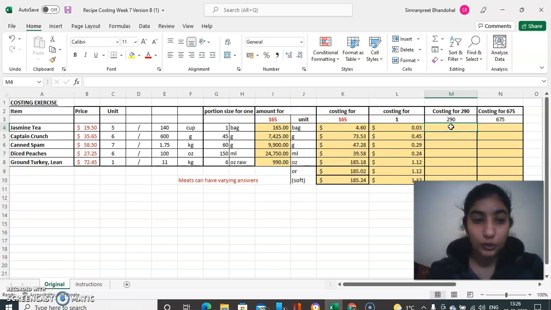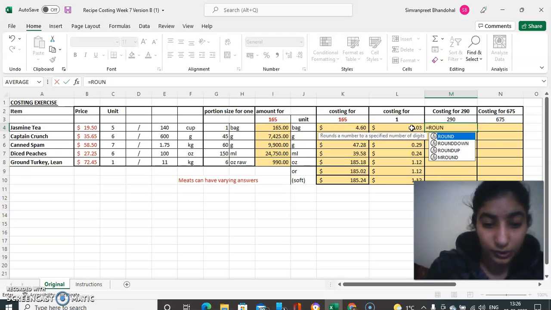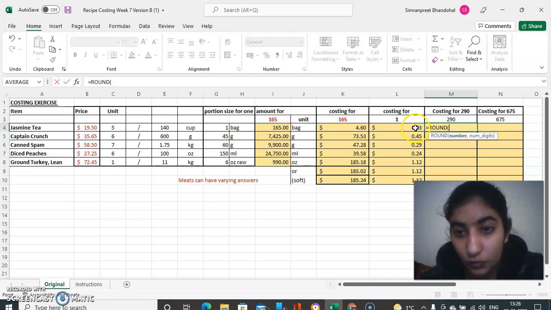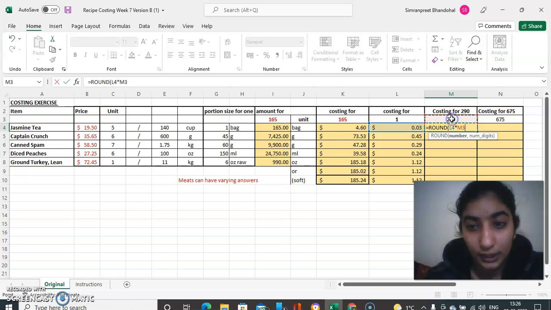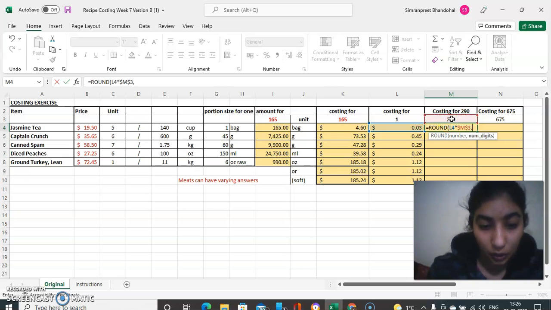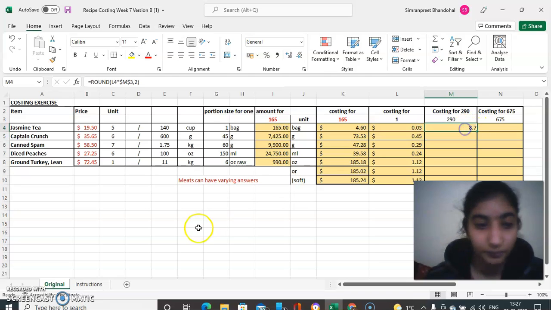And cost for 290 is also easy, that is simply is equal to round, bracket start, cost for 1 multiply by cost for 290, absolute cell referencing by pressing F4, comma 2 because we need to round it to 2, and then enter. That is giving us 8.7.